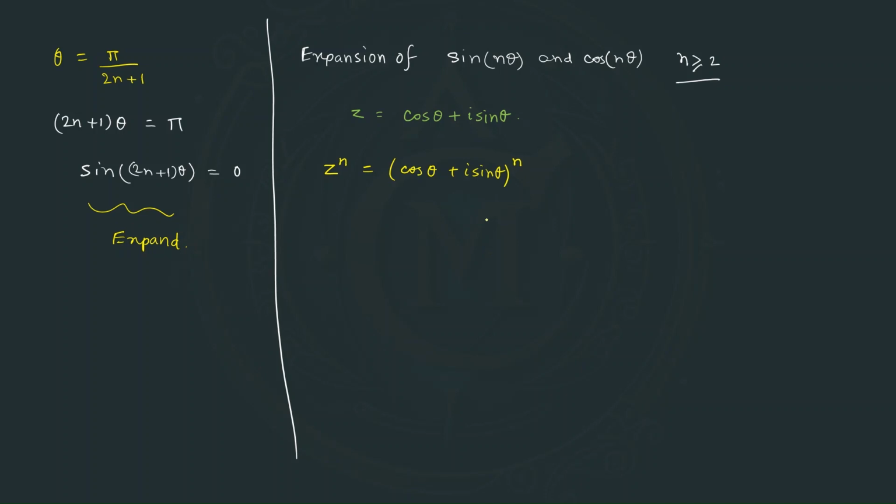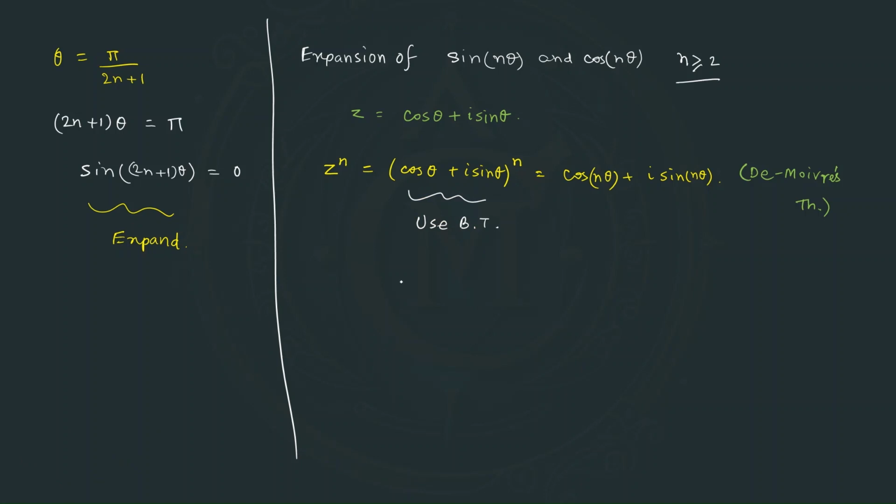Now, by De Moivre's theorem, we know that this expression will give us cos of n theta plus iota times sine n theta. So this we can write by De Moivre's theorem. Now we can use binomial theorem to expand this left hand side.